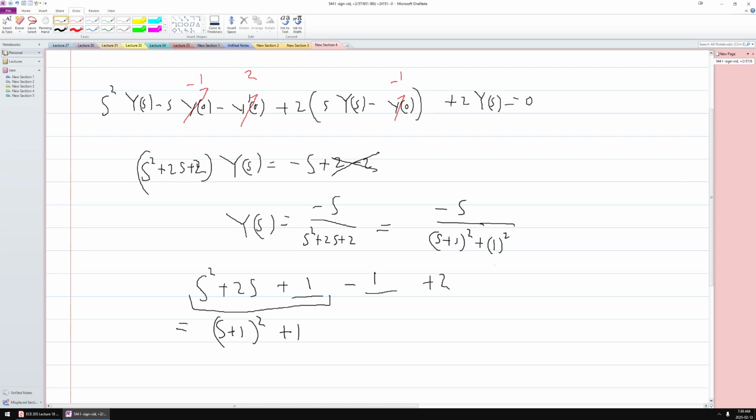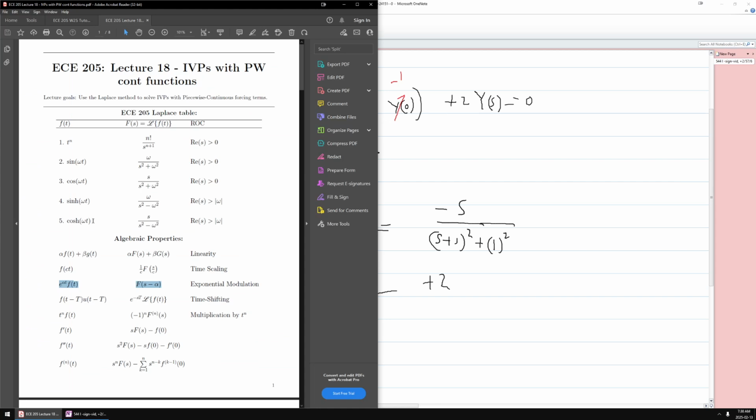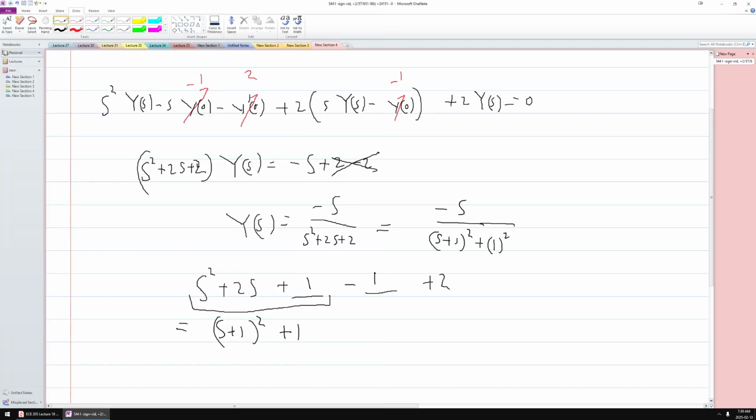So this looks like our sine cosine formulas. In particular, it looks like the cosine formula, but I have an s plus 1 instead of an s. The way I deal with the s plus 1 is always exponential modulation. But to apply exponential modulation, I need to have an s plus 1 everywhere where s appears. So this means this s that I have up here needs to have a plus 1 attached to it in some way.